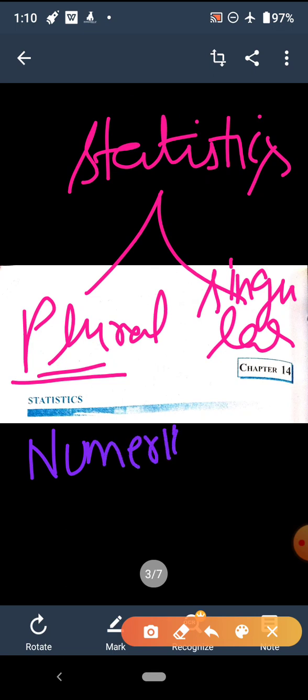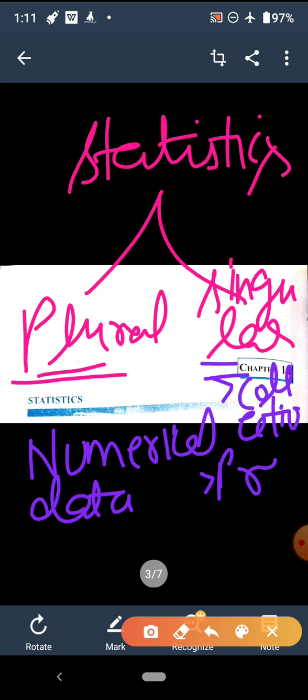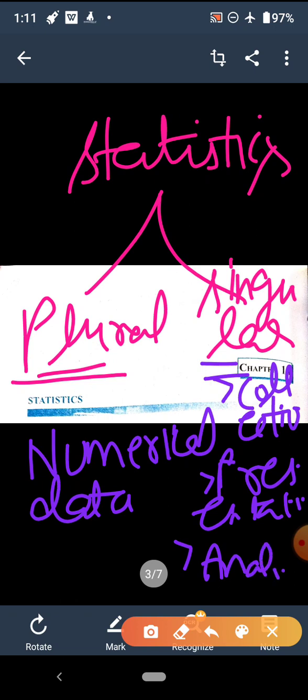In the singular sense, it is a science of collecting, presenting, organizing and analyzing data so that we can draw a meaningful conclusion.